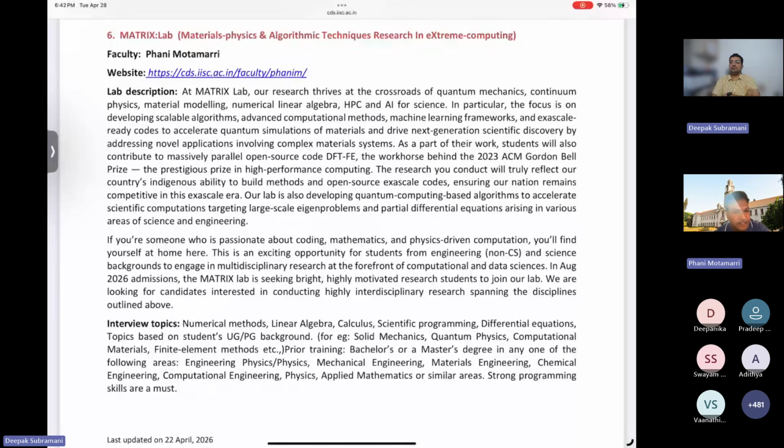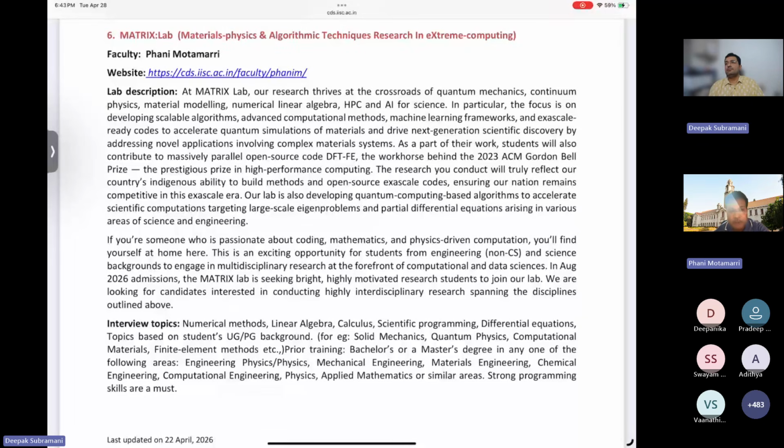Welcome all for this orientation. So if you're excited by the idea of developing cutting-edge mathematical techniques and computational algorithms that can harness the world's fastest supercomputers and quantum computers, you're in the right place. If you're dreaming of working on highly interdisciplinary research, which can actually push the limits of today's predictive capabilities in quantum modeling of materials, then you're in the right place, through HPC and AI specifically.